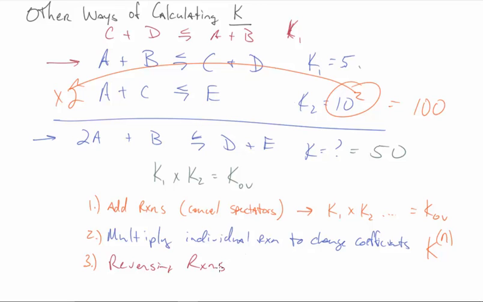When reversing reactions, all I've done is flip those, so now I have reactants over products. Essentially all I end up doing is taking the reciprocal of your K value. In this case, it would equal 1/5, which would be 0.20.